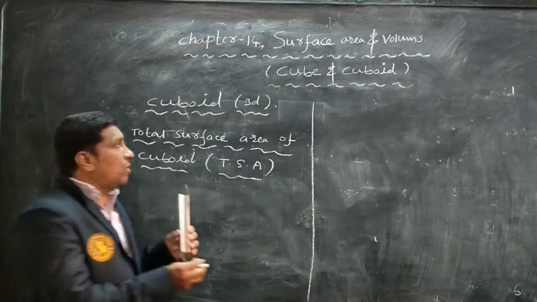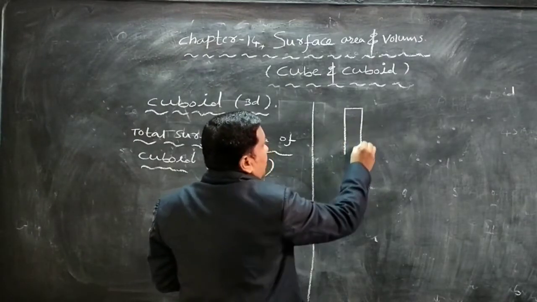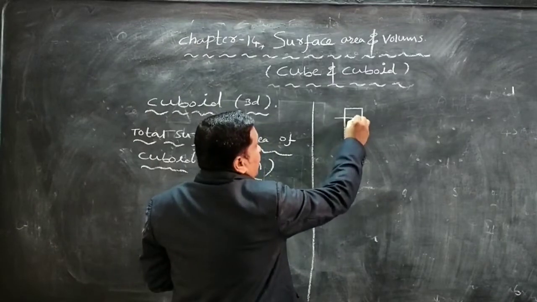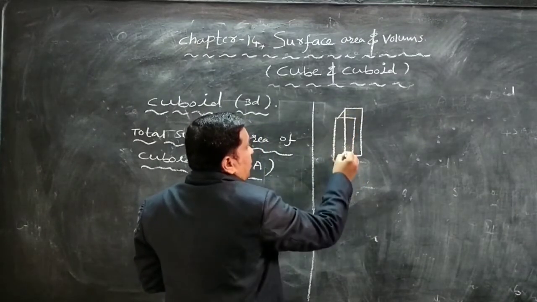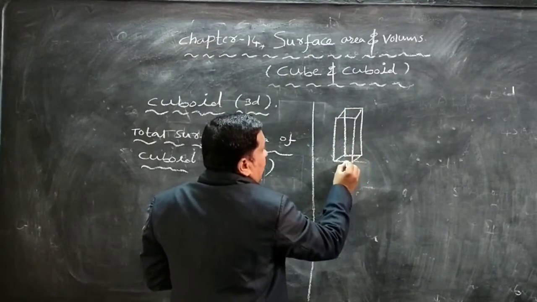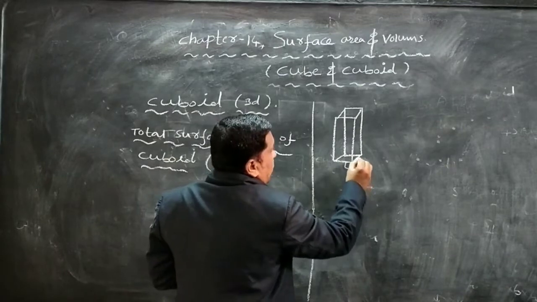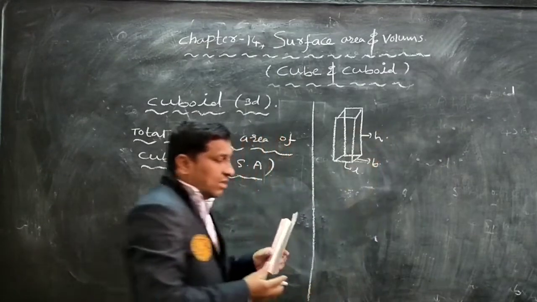This one is length, this one is breadth, this is height. Understand?